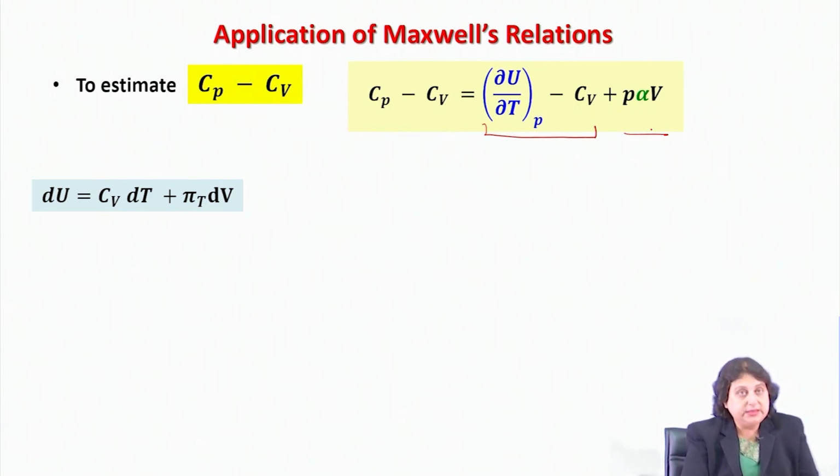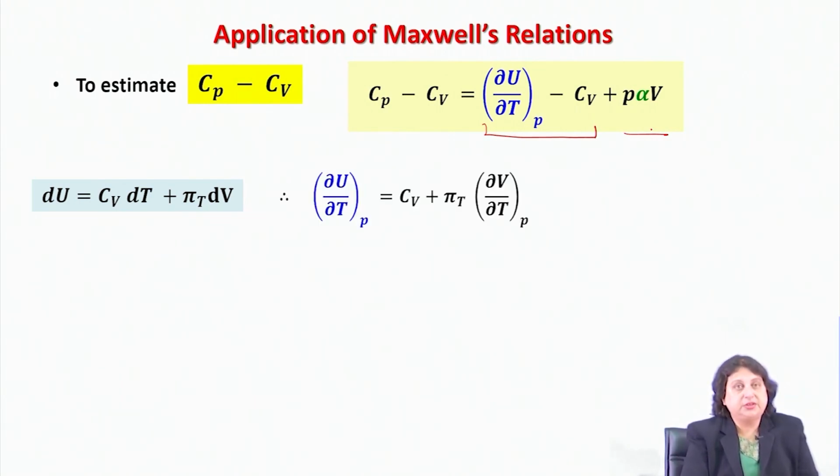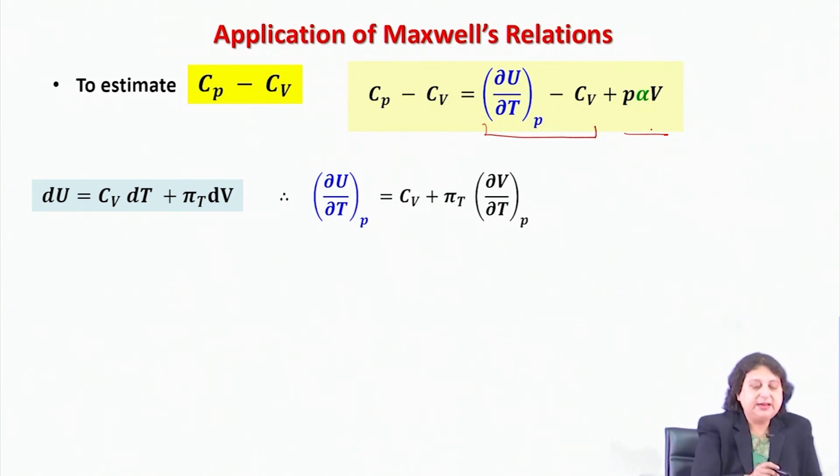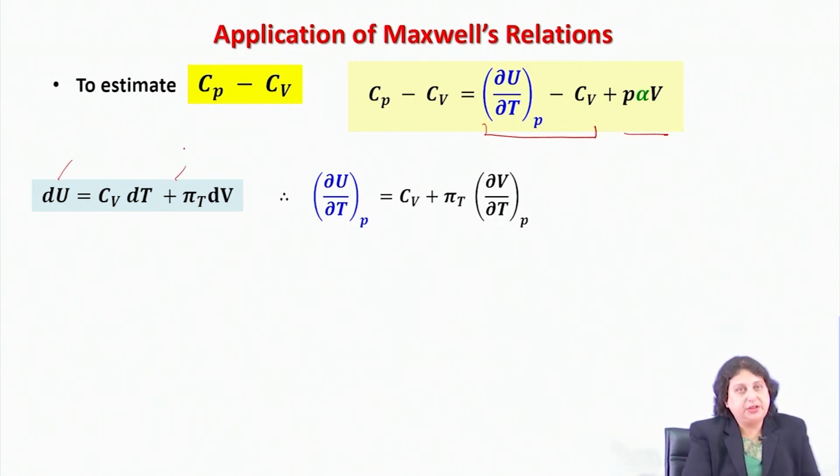Using this expression, I can always write down what is (∂U/∂T)_P. All that I will have to do is take a derivative on both sides of this equation with respect to temperature, keeping pressure constant. And when I do this, this is the expression that I will get.